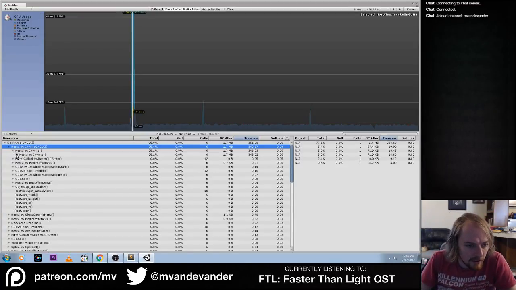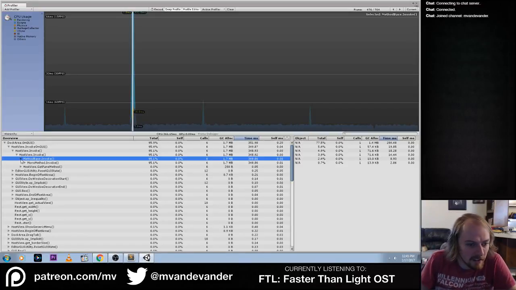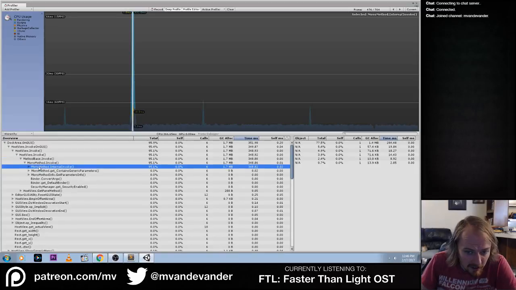So I'm trying to figure out through all this hierarchy what the heck is going on. Method base dot invoke. Mono method dot invoke. Okay. These are a lot of crazy things.